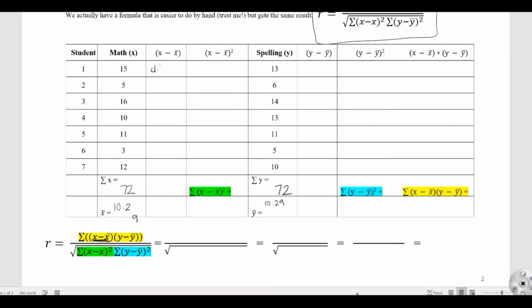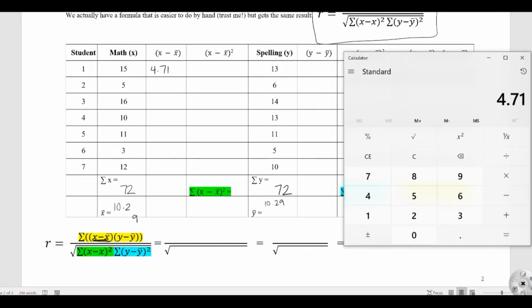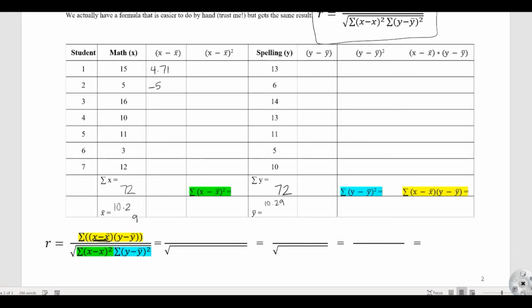So 4.71 goes here. Since I'm just going to scan through, no other 15s, otherwise I could put those in at the same time. Okay, now how about 5 minus 10.29, and we get negative 5.29. Any other 5s? Yep, so I'm just going to put the same thing.